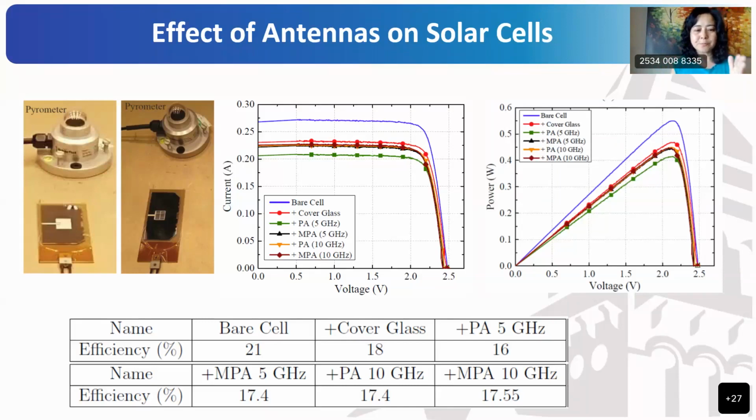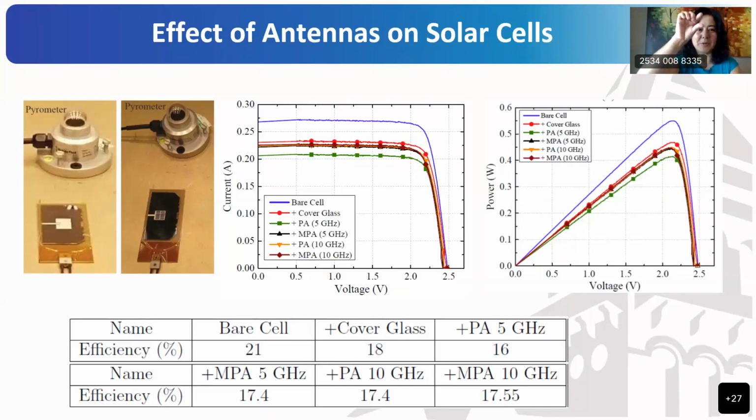Okay, with that set up, the results are shown on these two blocks. From top to bottom, the blue line shows the power generation of a bare cell, the solar cell with no cover glass. The next line is the power generation of a solar cell with a cover glass.